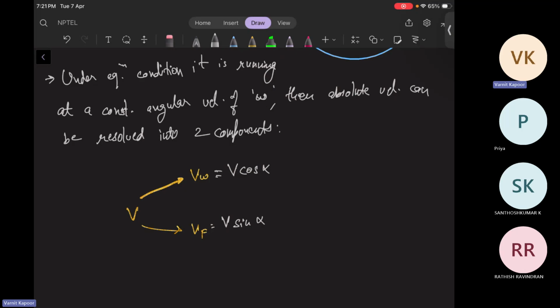I'll explain the velocity triangle later, but I'm just trying to give you the basics of how the velocity components can be resolved. Okay. So v cos alpha, that is vw, is nothing but your whirl velocity or tangential component of that velocity.